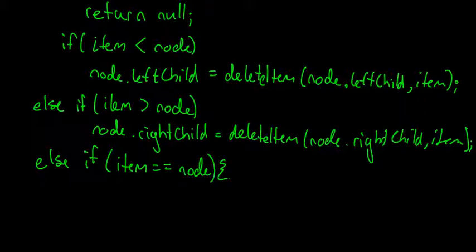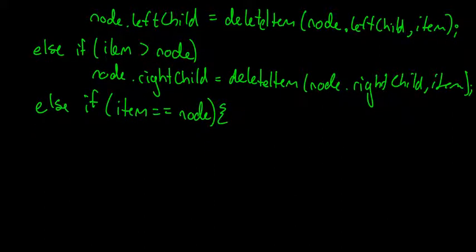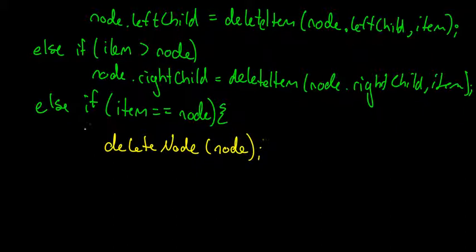Okay, and this is the more complicated step, which usually is done in another method. You would simply have a helper method where you would simply say, for example, delete like this.